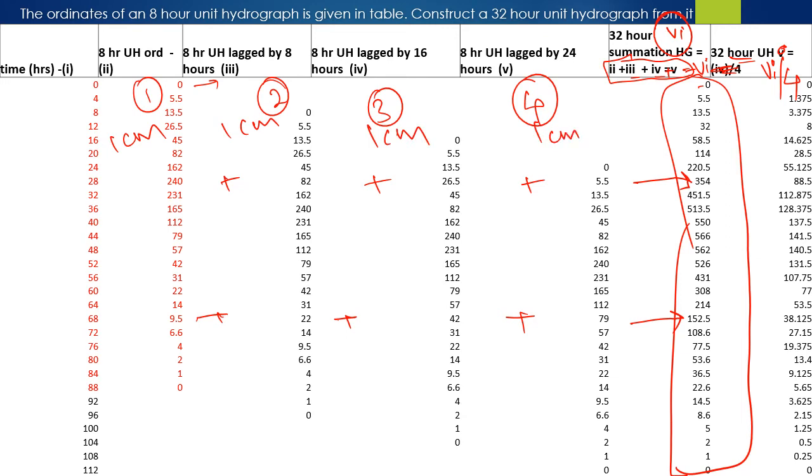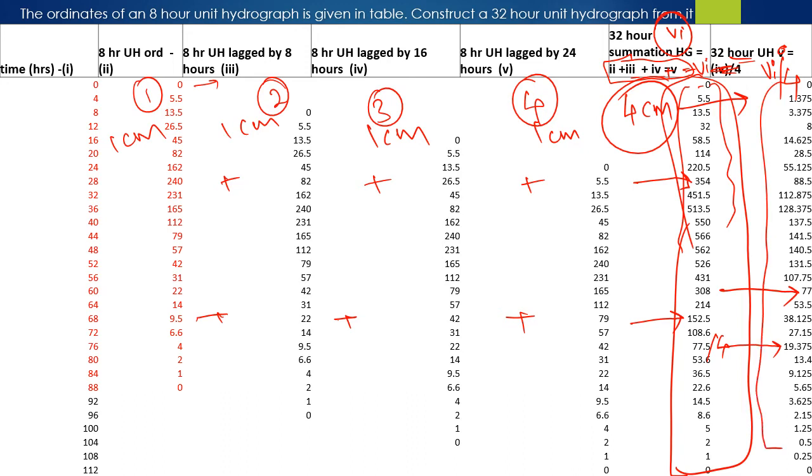So in total, for the 32-hour summation hydrograph, the runoff depth will be 4 centimeter. Therefore, to convert that to a 32-hour unit hydrograph, divide each of these ordinates by 4 and you will obtain these values. That is, 308 by 4 is equal to 77, 77.5 by 4 is equal to 19.375, and similarly the data given in the last column is our final answer.